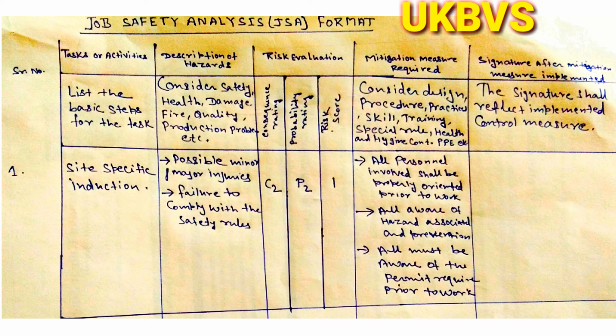And the sixth column is signature after mitigation measure implemented, which describes that the signature shall reflect implemented control measures.